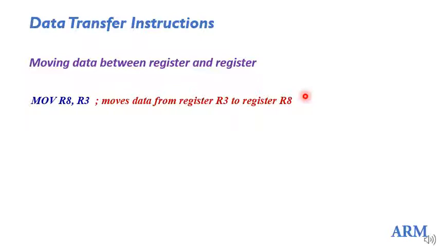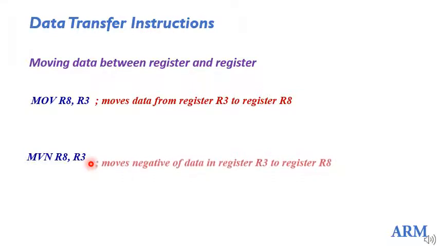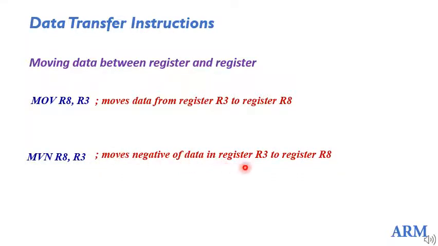There is another form of move instruction, that is MVN. MVN R8, R3 is for moving the negative of the data in the source to the destination. Here it will negate the data held in R3 and move it to R8.